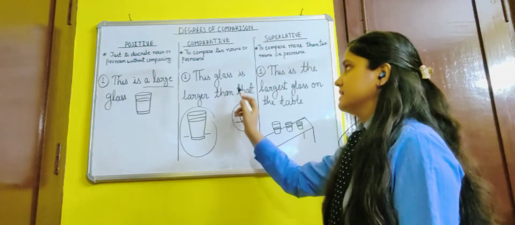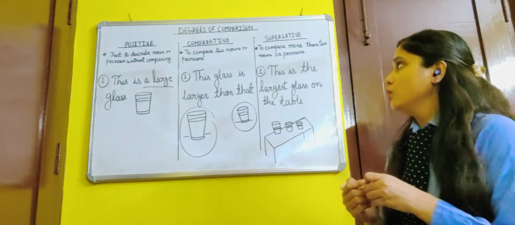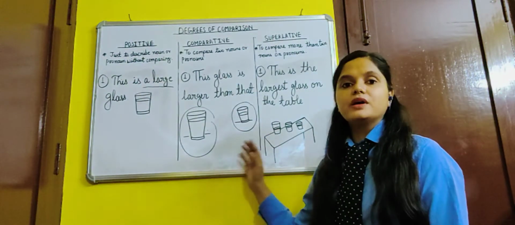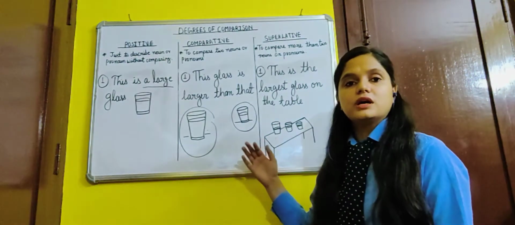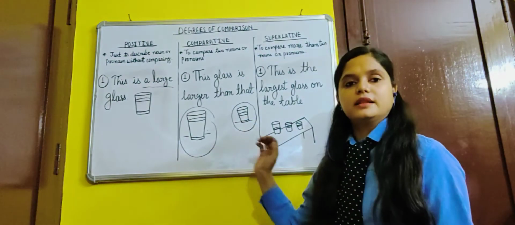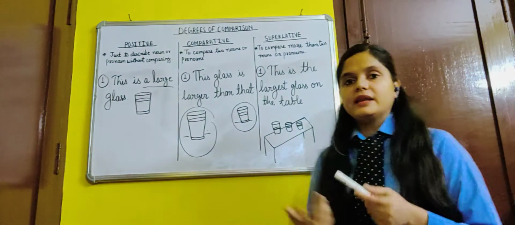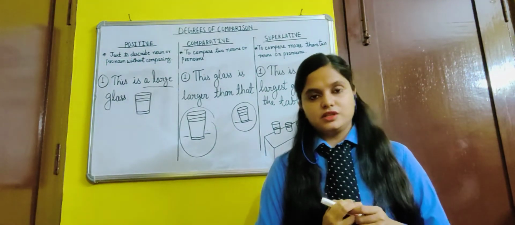What we did was compare two things with each other and we came to the conclusion that this thing is larger than that. So for comparing two nouns or pronouns, we use the comparative degree of adjective.